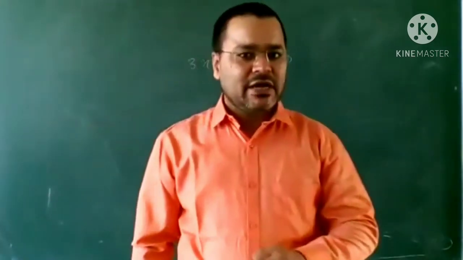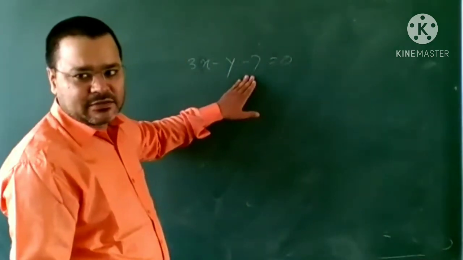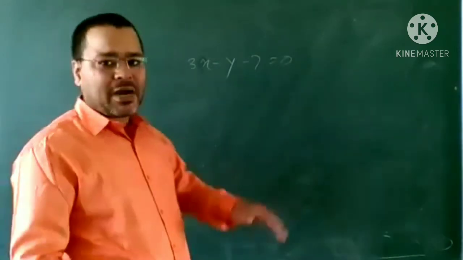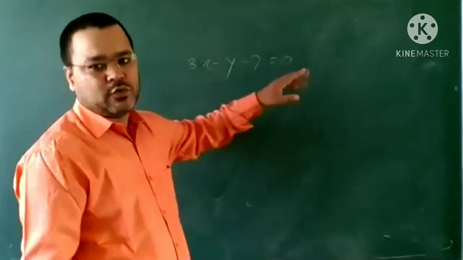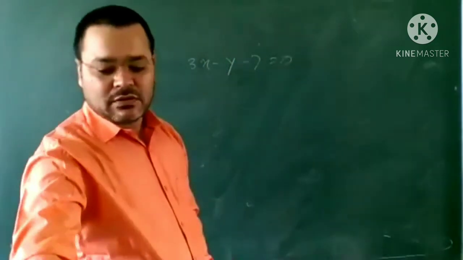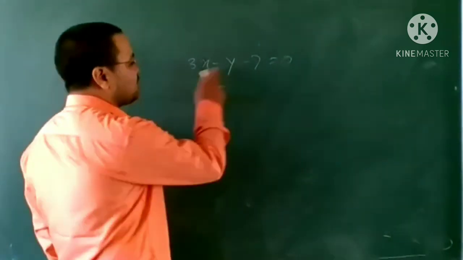And the question is, find the slope of the line which is parallel to this line. Listen to my question properly. I want the slope of that line which is parallel to this line. Then what do we do? First we find its slope.